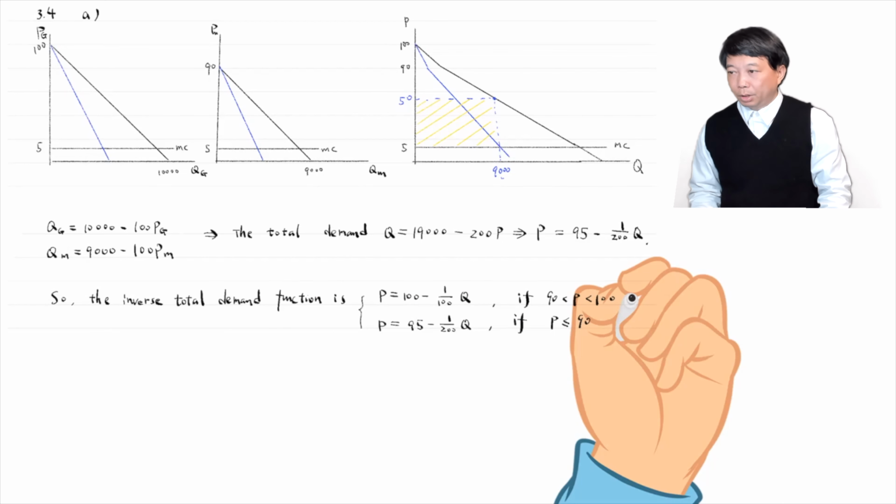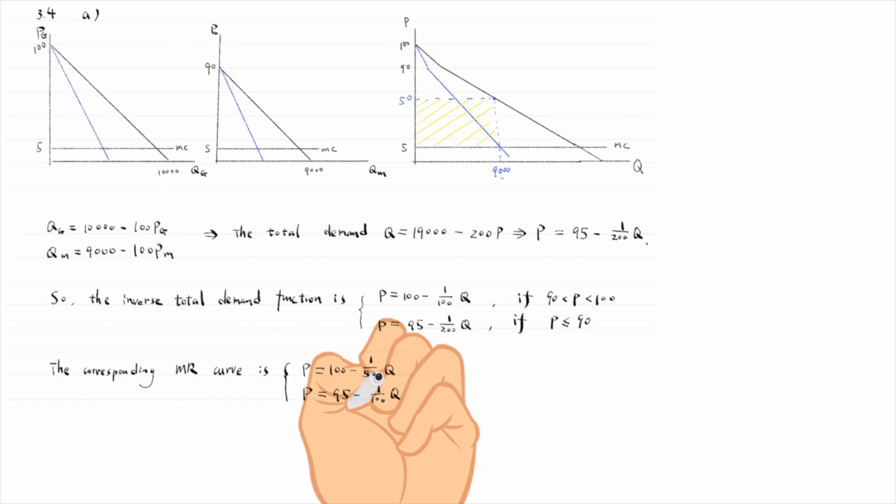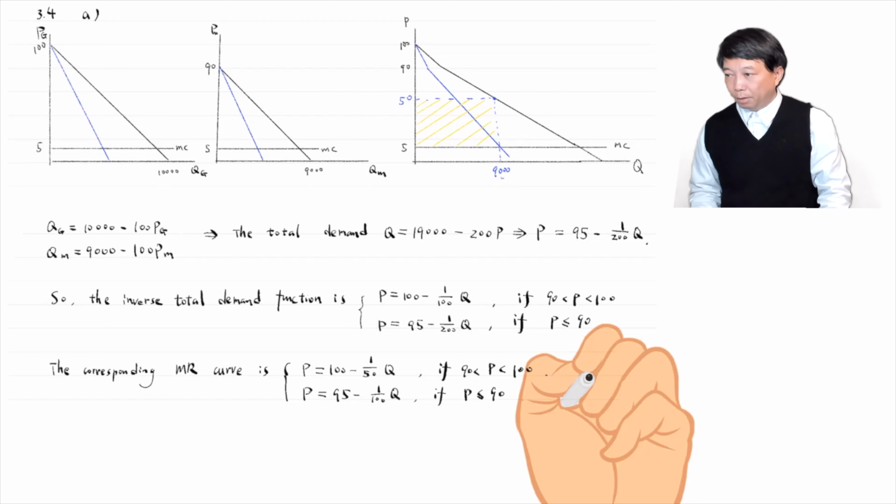If the price is between 90 and 100, it is P equals 100 minus 1 over 100 times Q. If the price is less than 90, it is P equals 95 minus 1 over 200 times Q. We then write down the corresponding marginal revenue function. The total marginal revenue curve has a kink at the price of 90 as the total inverse demand curve.